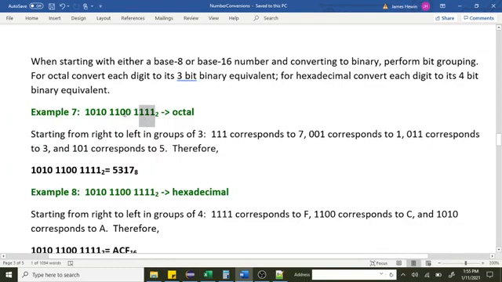Okay, so here 111 corresponds to 7. Then we go to the next group of 3, which is this group. So I did this rightmost group of 3. 111 corresponds to 7. What's 001 correspond to? Well, that corresponds to 1.